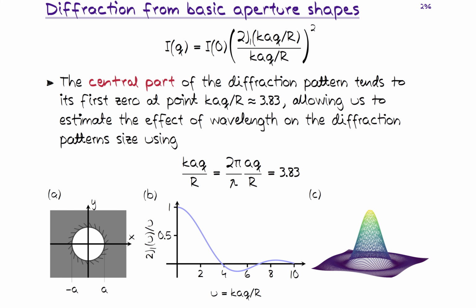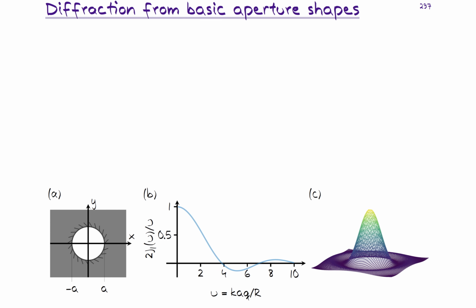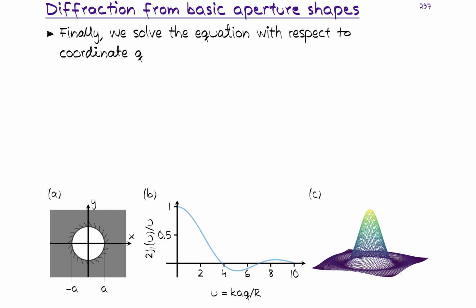So we can already try to understand the system and the physics of the system by just looking at a simple equation. And finally, of course, we can solve the equation with respect to the coordinate q, and then we can estimate things maybe even more easily, so that we have 3.83 divided by pi times lambda times capital R divided by 2a, the radius of our aperture, and this is roughly 1.22 times lambda times R divided by d.